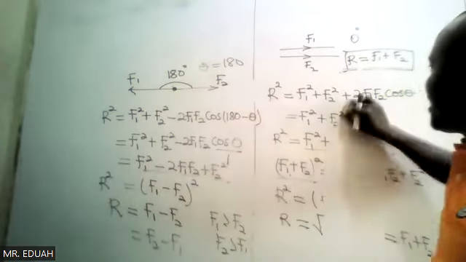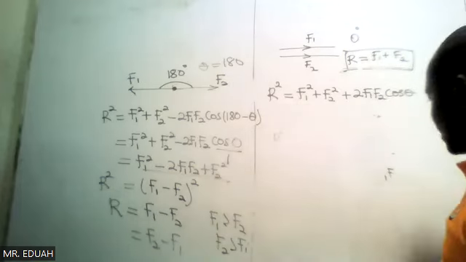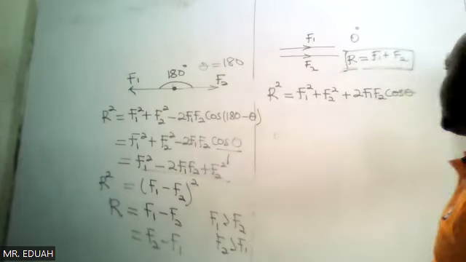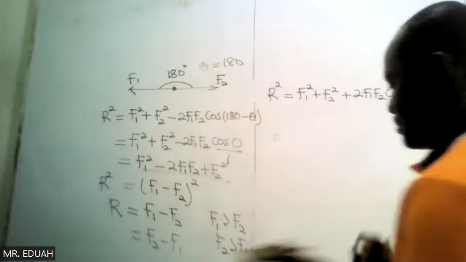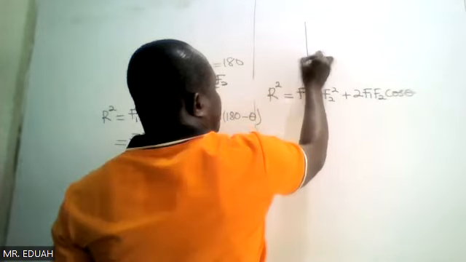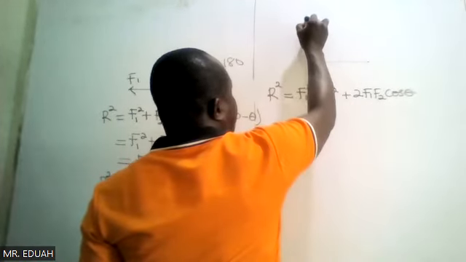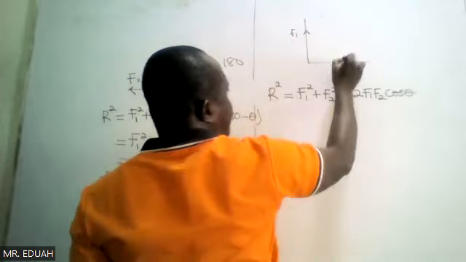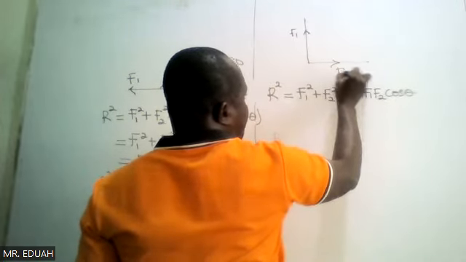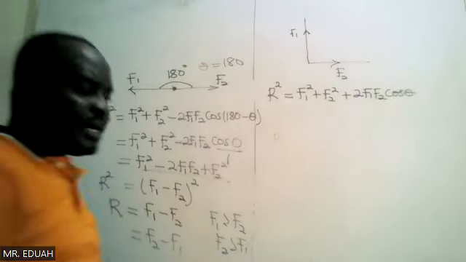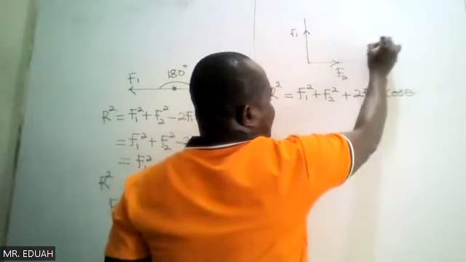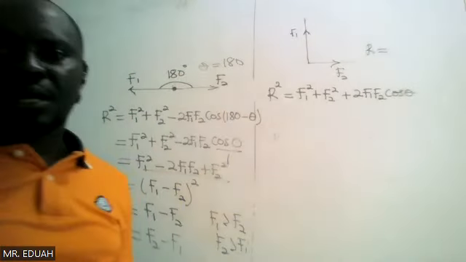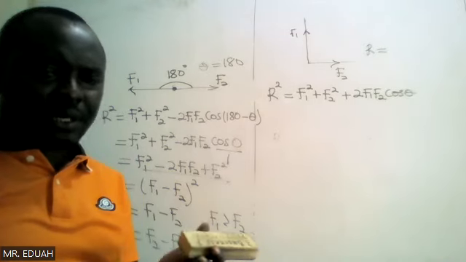Now let's look at two forces or vector quantities. They are perpendicular. When perpendicular, the resultant force R will be equal to what?